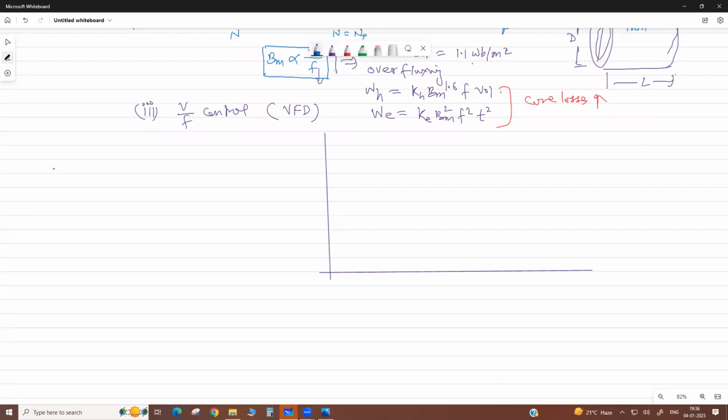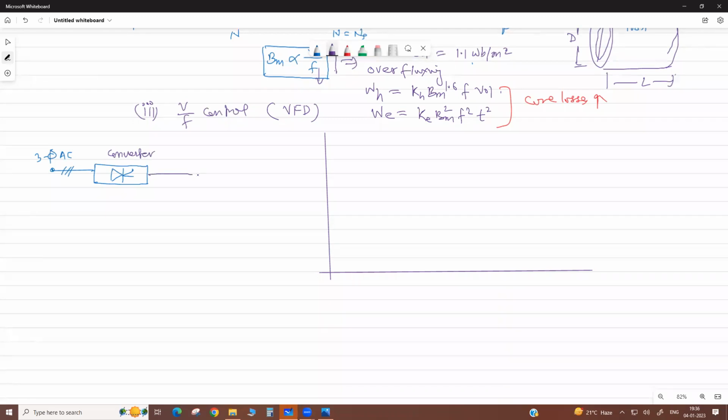Suppose this is your supply. I will explain with a single line diagram. This is a three-phase AC. Then we put a converter. Converter means we use thyristors or SCRs, with gate terminals, like a three-phase controlled rectifier converter.